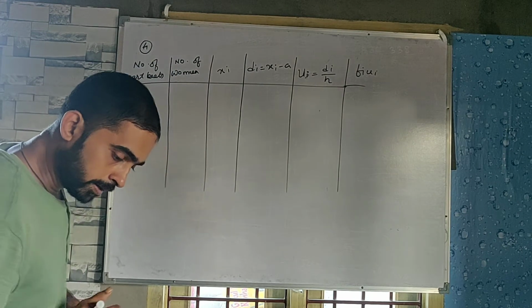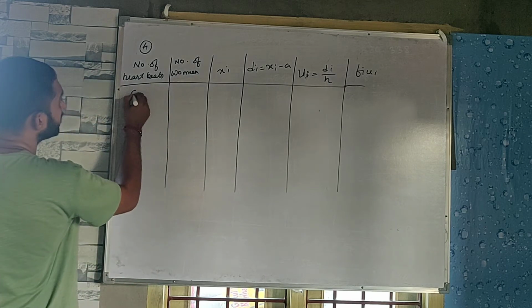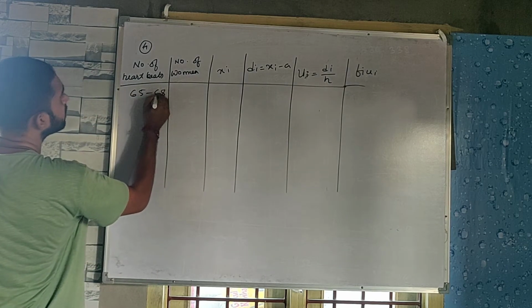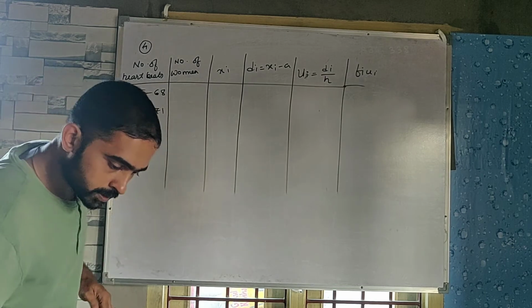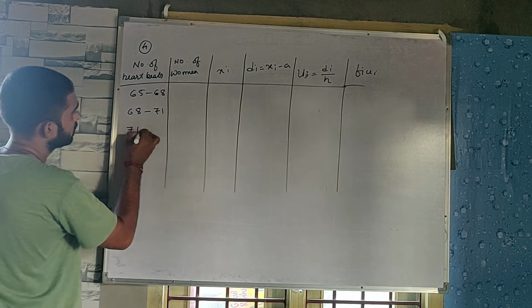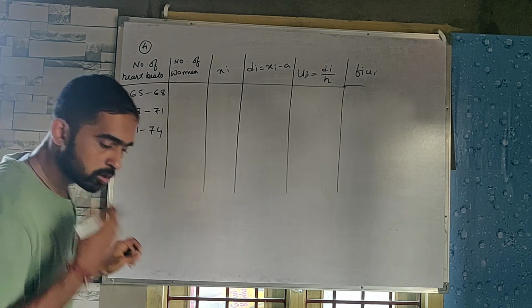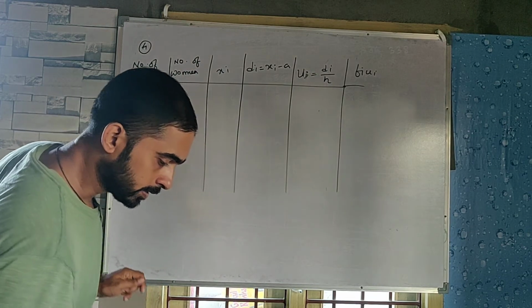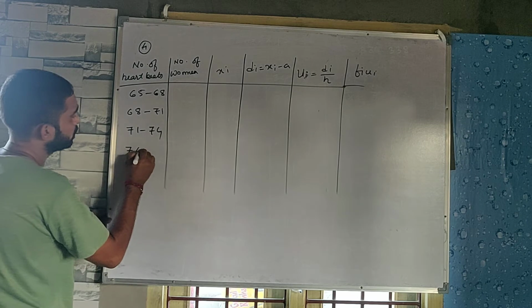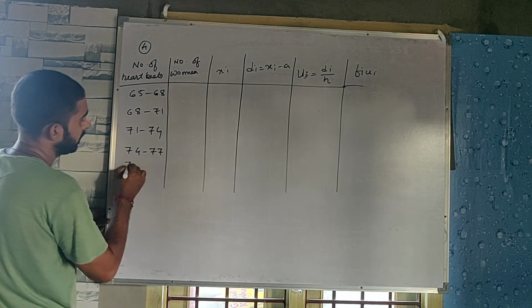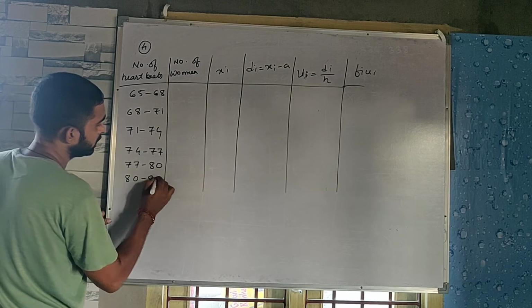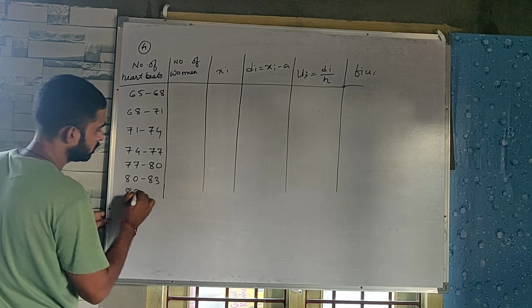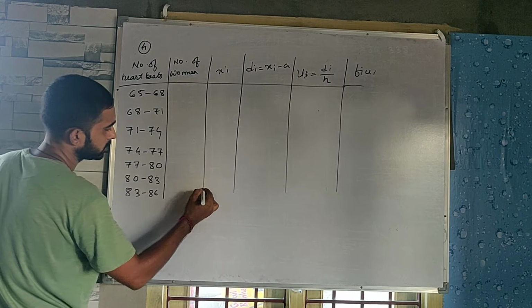So now here the classes are 65 to 68, 68 to 71, 71 to 74, 74 to 77, 77 to 80, 80 to 83, then 83 to 86.